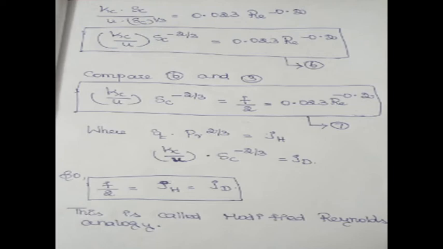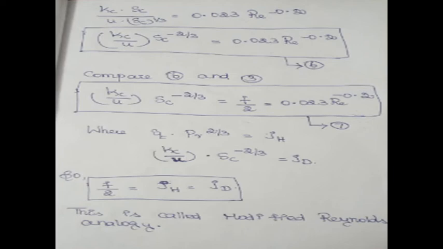Compare expressions number 3 and 6. What is the third expression? The third expression, for the turbulent region, is the friction factor and Reynolds number relation: F/2 is equal to 0.023 Reynolds power minus 0.2. So this is the third expression. You compare, so the RHS sides are equal in both the third and sixth expressions.